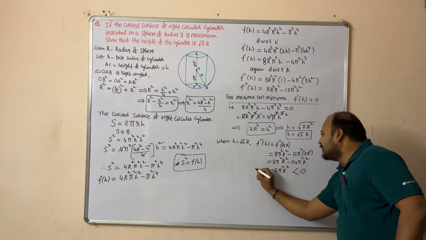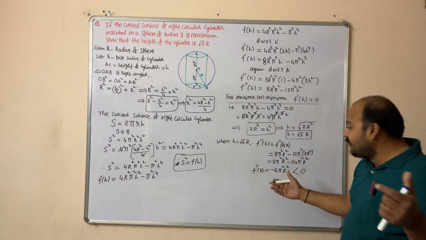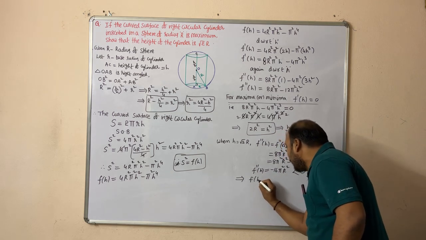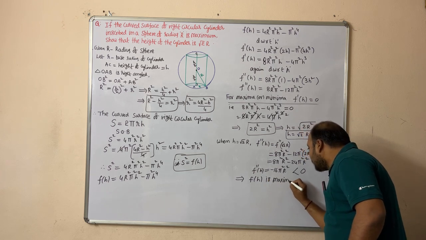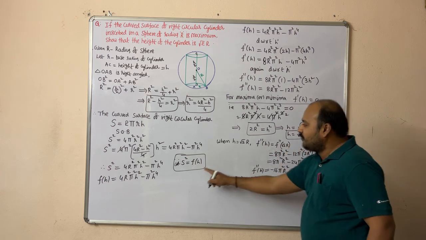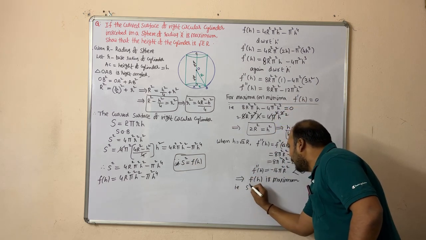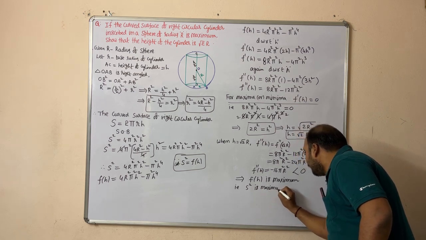Minus means less than 0 only, no? f double dash is less than 0. That implies f of h is maximum. What is f of h? I assumed that to be s square. That is, s square is maximum.